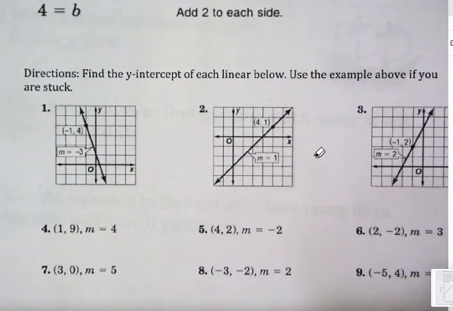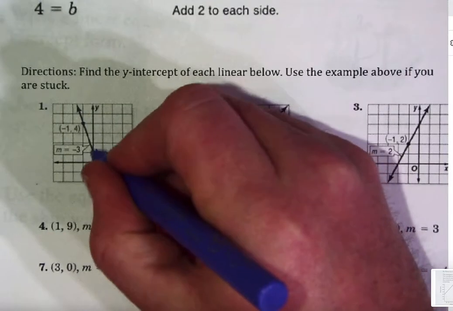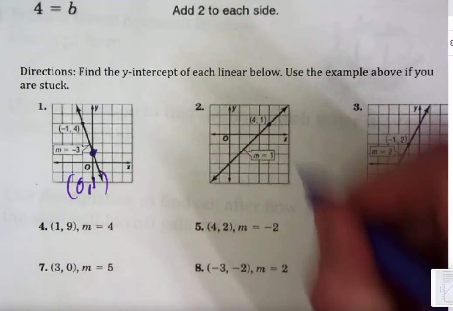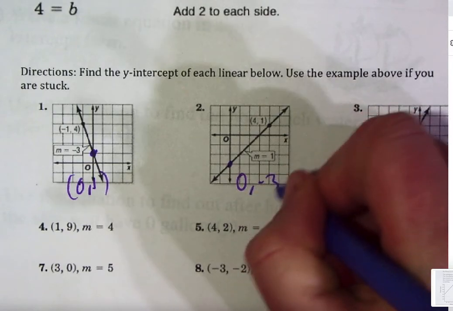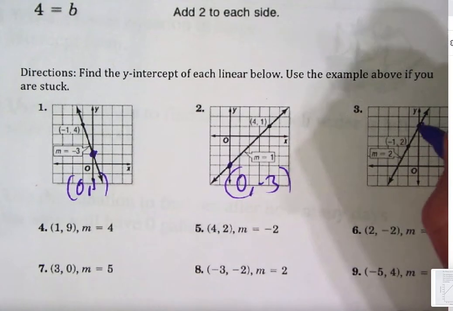I will do it quickly, but I'm not going to talk it through, just so you had the answers. 0, 1. These I don't even have. I can just see them. 1, 2, 3, 4.